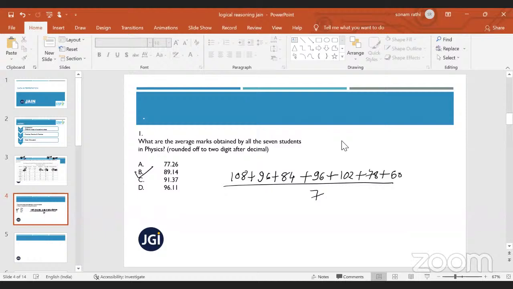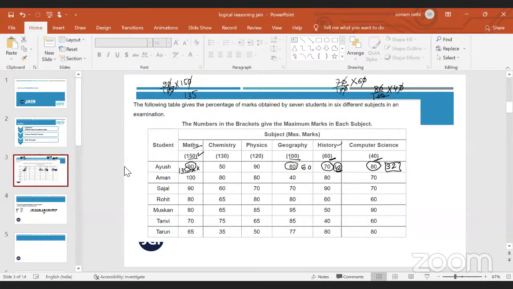Okay, I'll give you the table. Wait a minute. Okay, everyone, those who have not noted down the table, please note down the table. Note down this table. Did you note down the table?